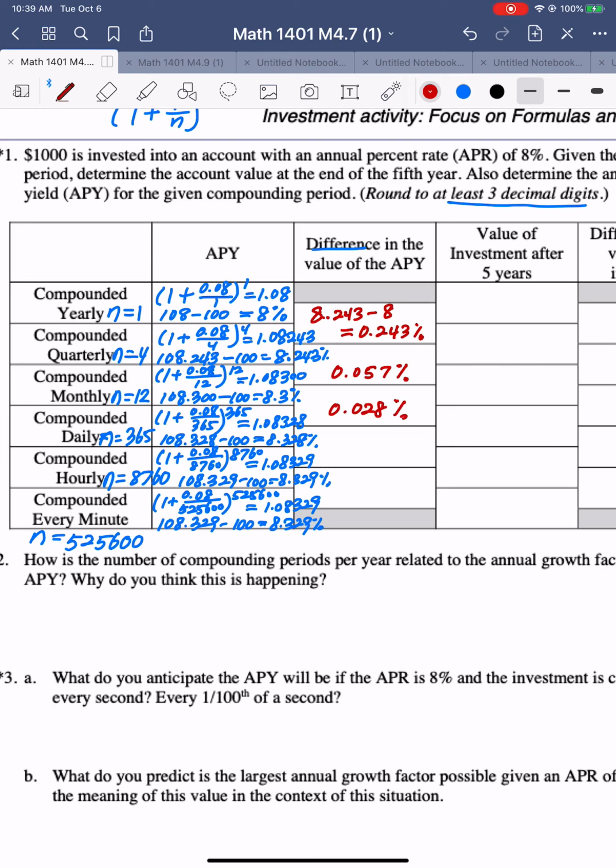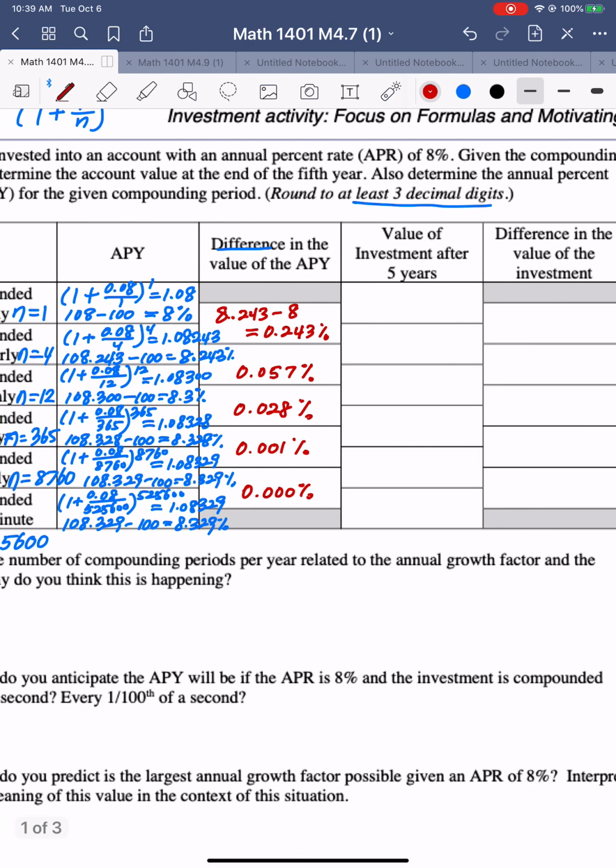Next, subtracting 8.328 from 8.329, I'm getting 0.001%. For the next one, subtracting 8.329% from 8.329%, it becomes 0.000%, right?